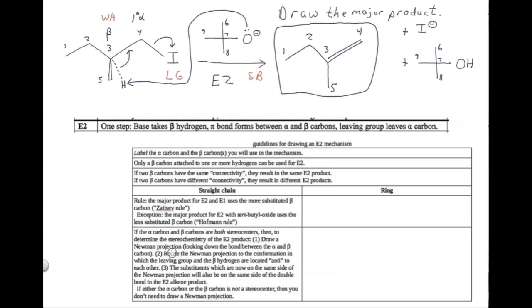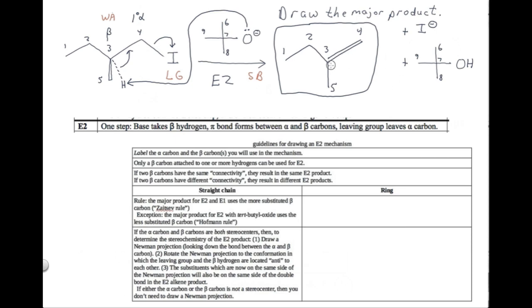We only need the Newman projection if both the alpha carbon and the beta carbon are stereocenters. In this case, the beta carbon was a stereocenter, but the alpha carbon was not a stereocenter. So we didn't meet this qualification, and therefore we actually didn't need a Newman projection for this problem. You could draw a Newman projection, but it's not necessary for the problem.